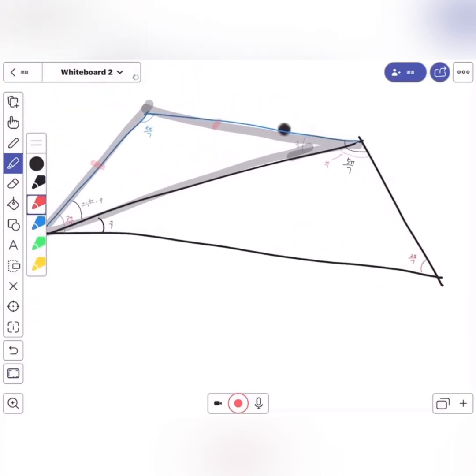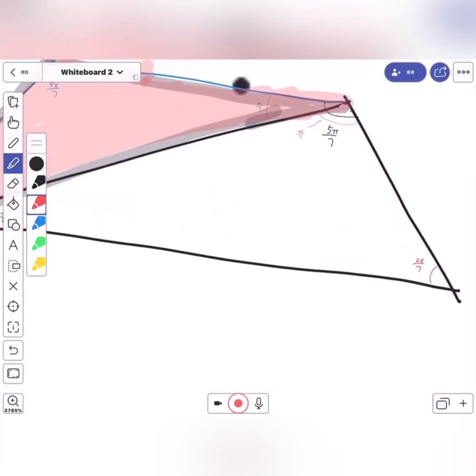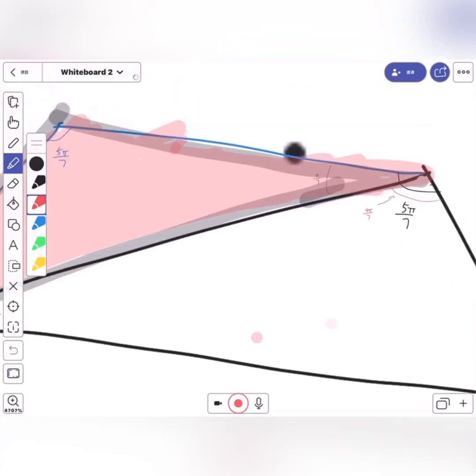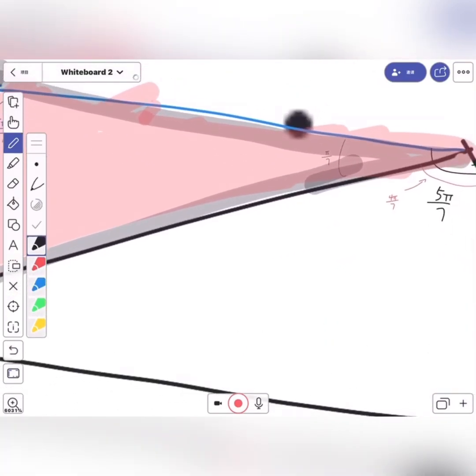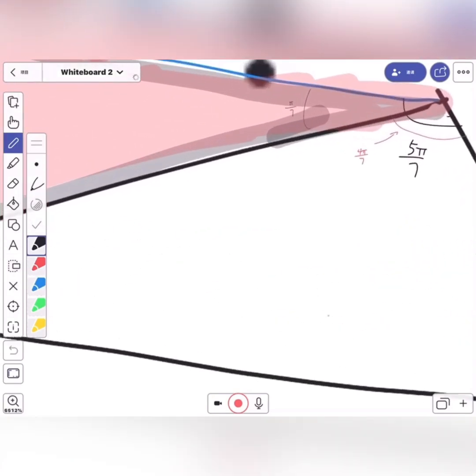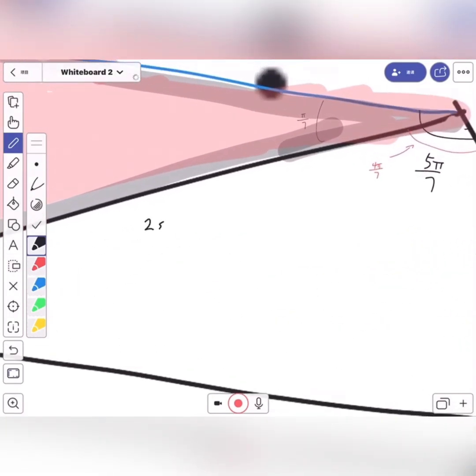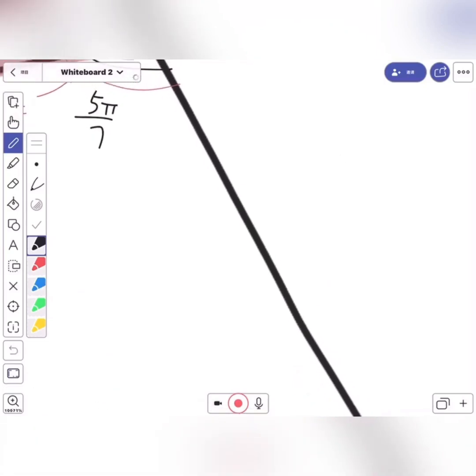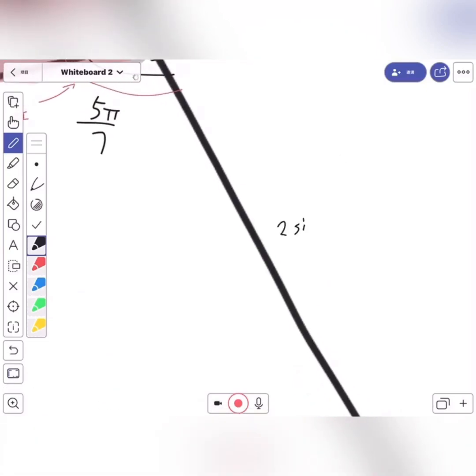So we're just gonna ignore this part, and we're just gonna look at the bottom part of the trapezoid. So from what we have discovered, this length is actually 2 sine of 2 pi over 7, and this length is 2 sine of pi over 7.